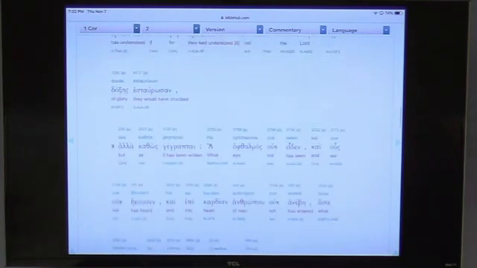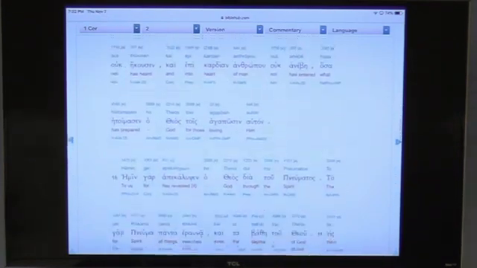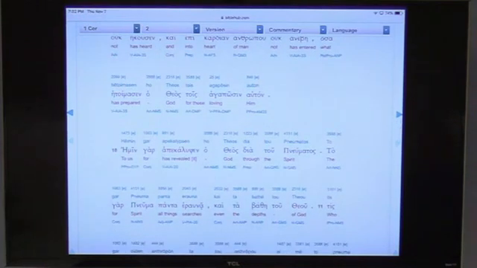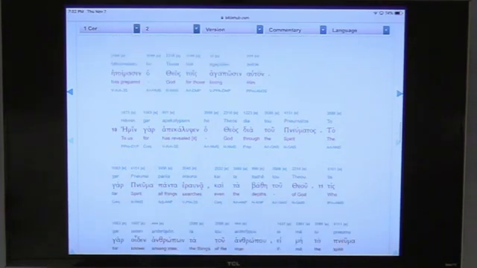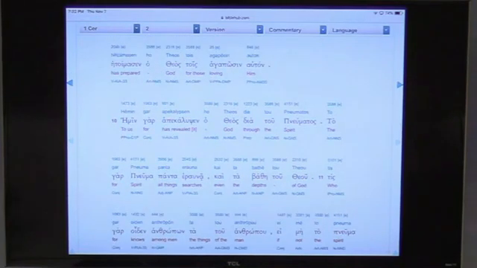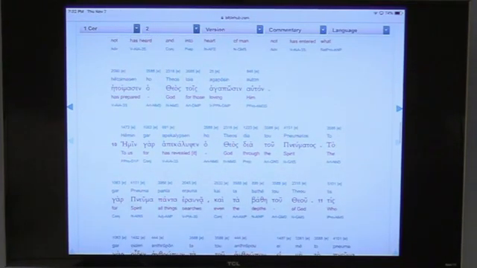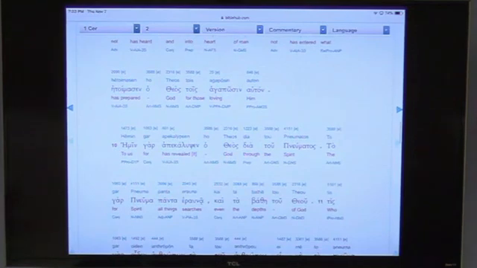Verse 10. Here it is. For to us, God has revealed through the Spirit. The Spirit searches all things, even the depths of God.